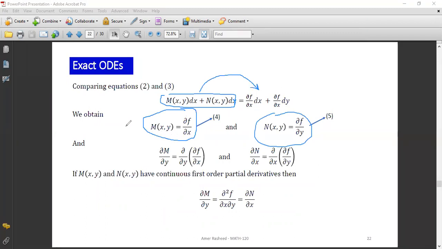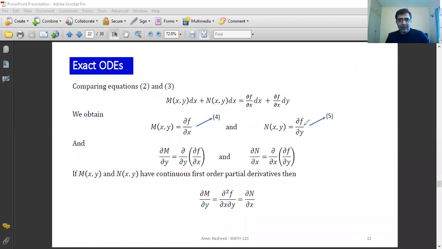We found that M of xy must be equal to partial f over partial x, and N of xy must be equal to partial f over partial y. This is what we have to use in order to solve the exact differential equations.